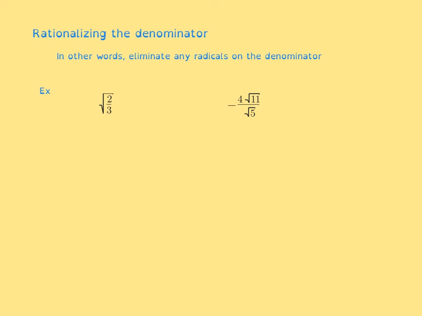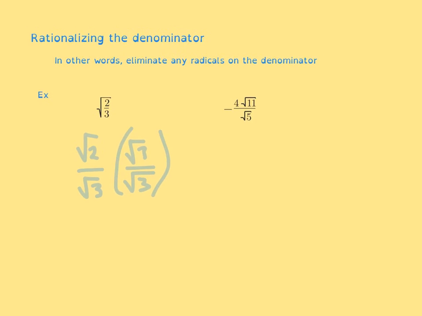If you ever find yourself in a situation where you have the square root of a fraction, you can always rewrite that as a square root of those individual numbers. So this is equivalent to saying √2/√3 in this first example. And just like we did before, we're going to multiply top and bottom by √3.